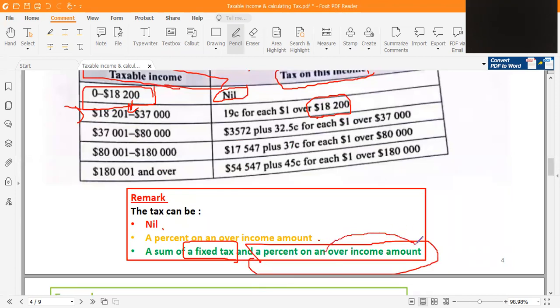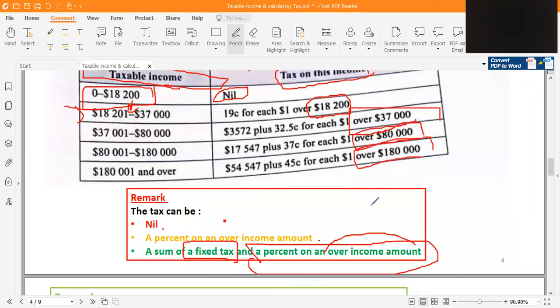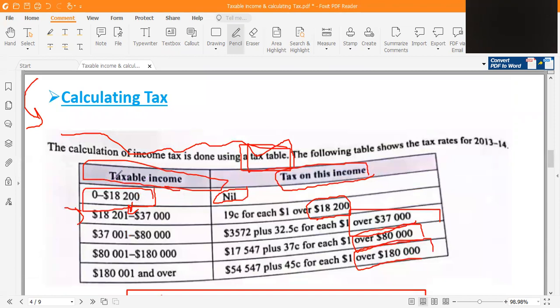By over income amount, we mean the excess amount over 37,000, over $80,000, over $180,000. We will see in the next paragraphs how to deal with this table and apply it to calculate payable tax.